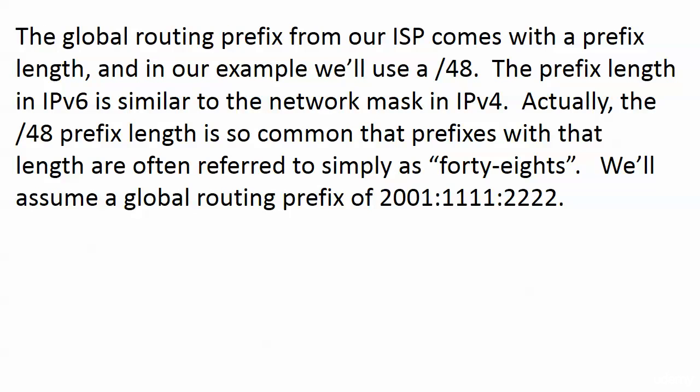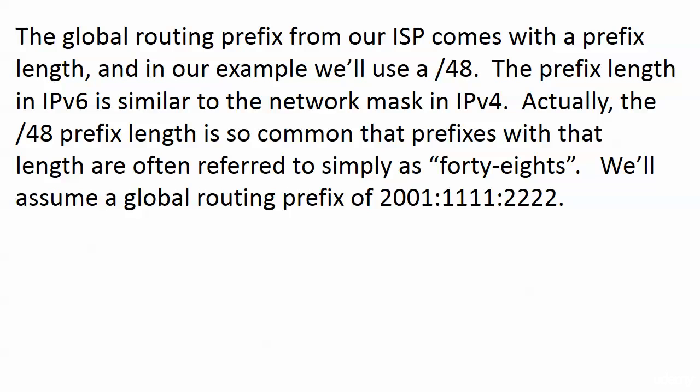And the prefix length in IP version 6 is really like the network mask in version 4. And the /48 prefix length is so common that prefixes with that length are often just referred to as 48s. You don't even hear people say /48. So if you hear that term, you know what they're talking about.